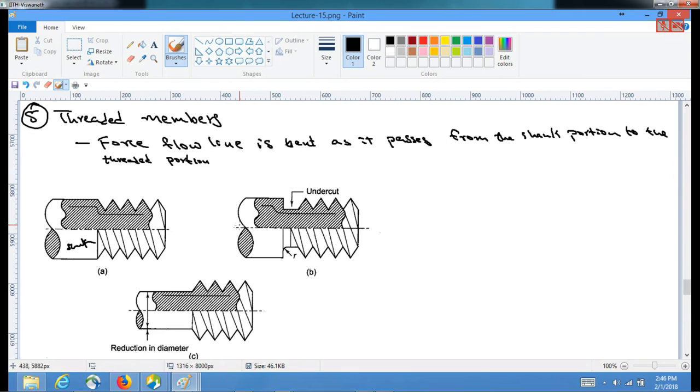So the best way to do it are two methods.